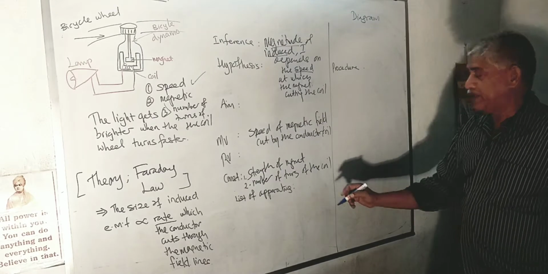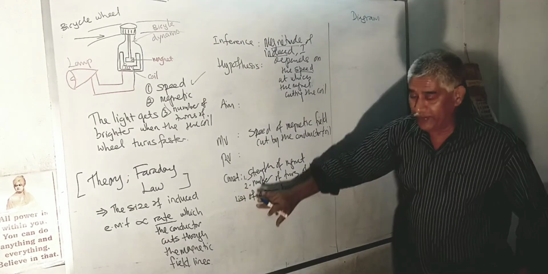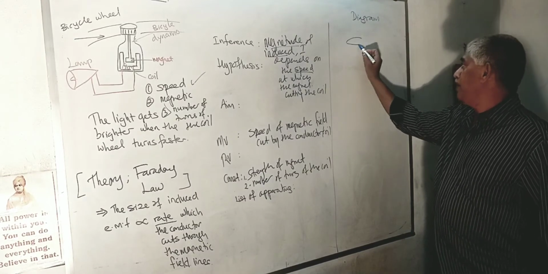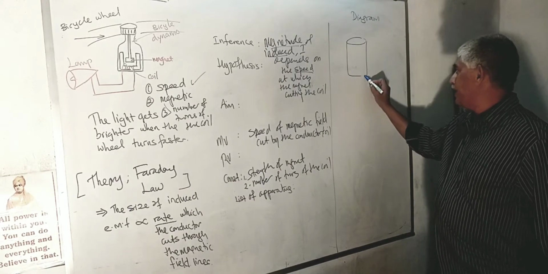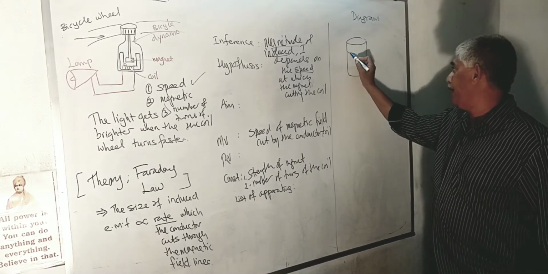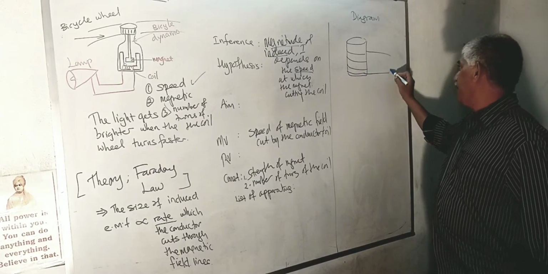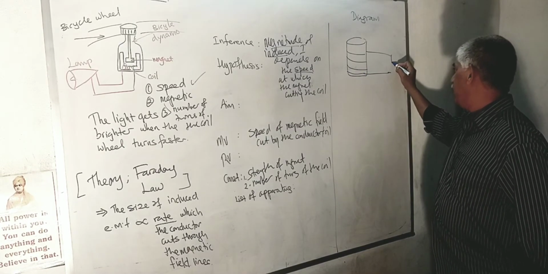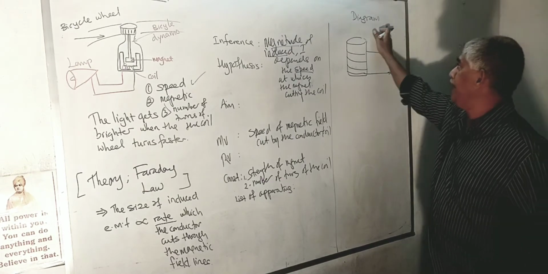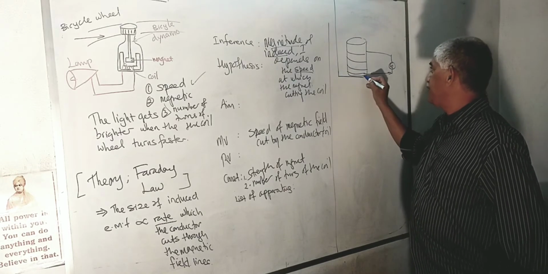Alright, the list of apparatus we can write later. I draw the diagram first, then from there we can go back to the list of apparatus. Okay, so here what we do, we set up a paper cylinder. We wind it with some coil. Here we put a galvanometer to measure the current, and then we can place this underneath.